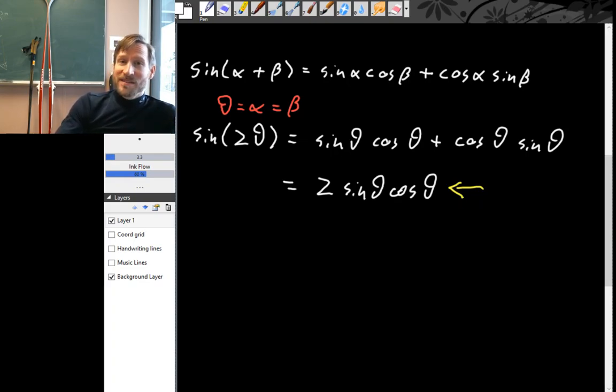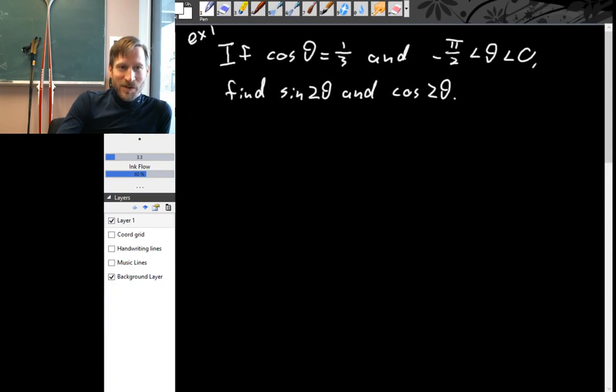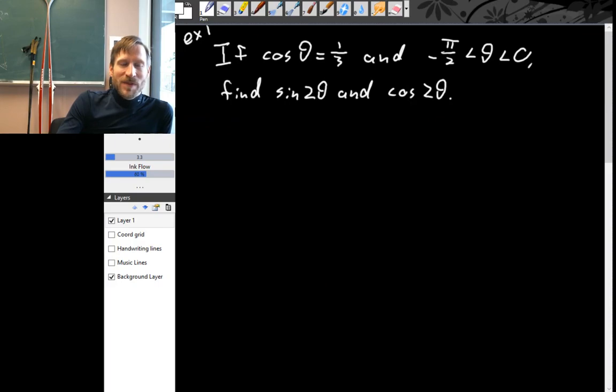So let's see a couple examples of how we can use these new identities. Got one all queued up over here. So first example, if we have some angle theta and we know that cosine of theta is 1/3, and also that theta is between minus pi over 2 and 0. So this means that theta is in the fourth quadrant. Then let's find sine of 2 theta and cosine of 2 theta.